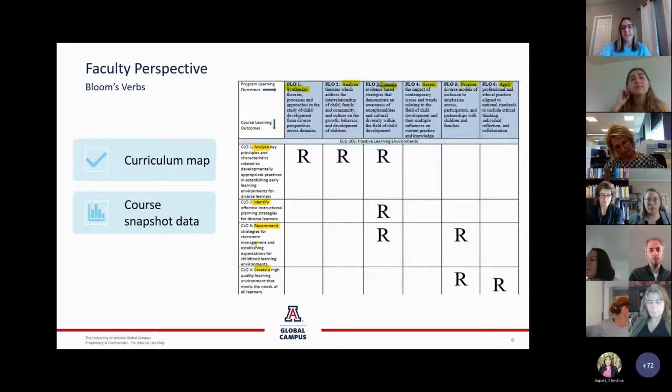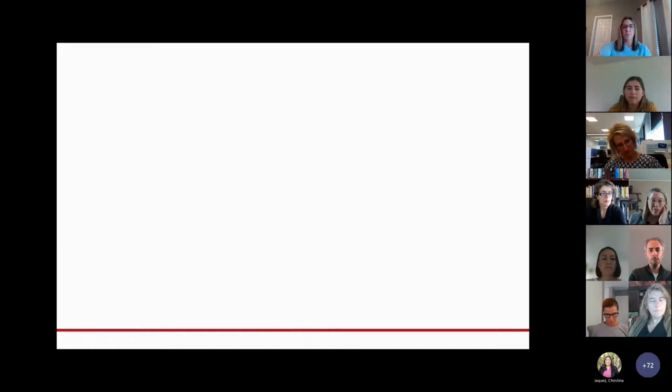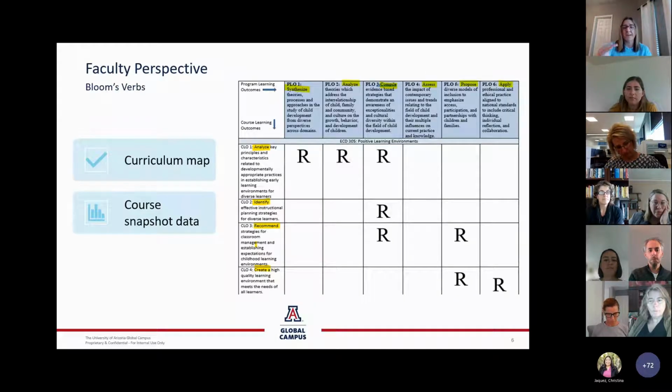So when we look at that data, if we see that we have a course learning outcome where students have been struggling and not meeting the expected level of mastery, then we definitely want to dig into that and consider whether or not it has to do with how that outcome's written. Are we asking too little of our students and our Bloom's level is too low? Are we asking too much and our Bloom's level is too high, depending on where students are in that course within their program? So those are two things that are really valuable tools for me when I'm looking at the level of Bloom's verbs when drafting CLOs.